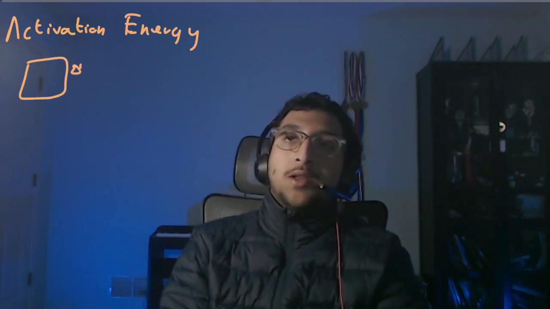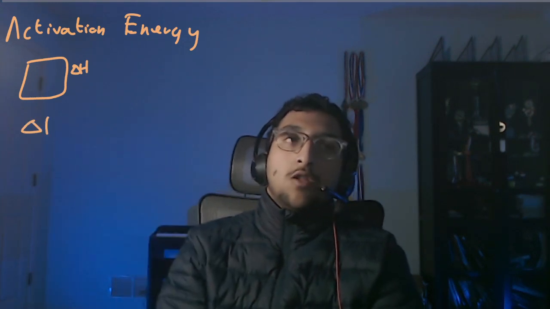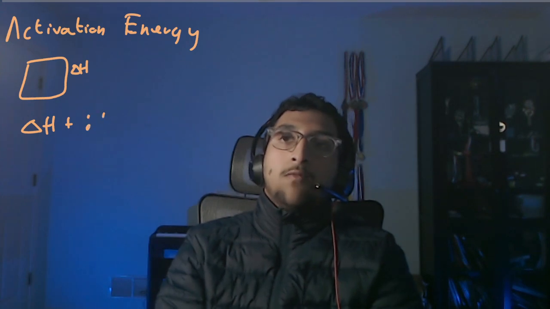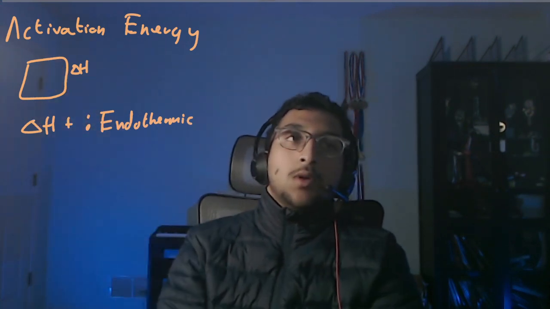So this will be kind of a quick one because most of it relies on stuff you learned from last unit, thermochemistry. In fact, we'll do a quick review. In a system, we can always say that our enthalpy is shown as change in H. If the change in H is positive, the reaction is endothermic because heat is going inside the system.